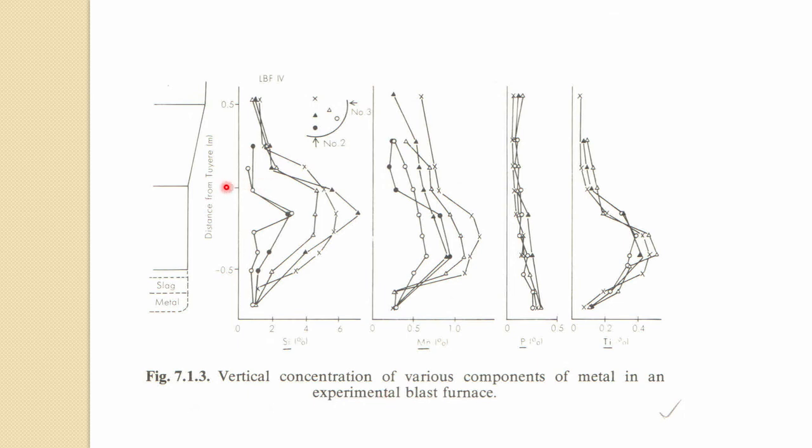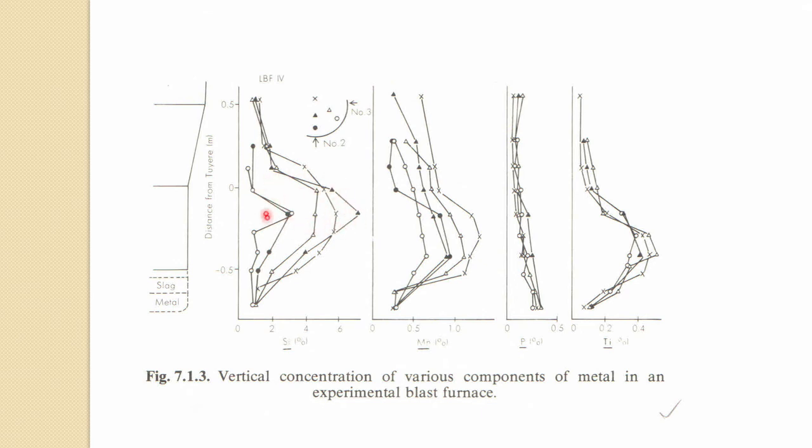So, this is the distance from the TUR level. This is the TUR level, below and above just 0.5 meters. You can imagine that the raceway is also there. You can see the silicon content at just the TUR level is very high.